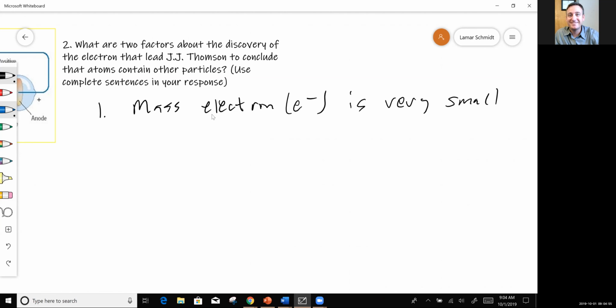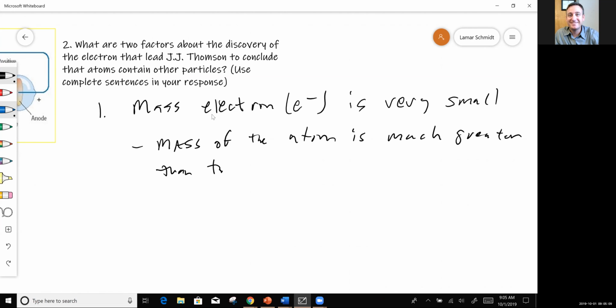And so he knew the mass of the atom is much greater than the mass of an electron. So if the mass of an atom is much greater than the mass of an electron, then the atom must be made up of something other than the electron. And so that's number 1.